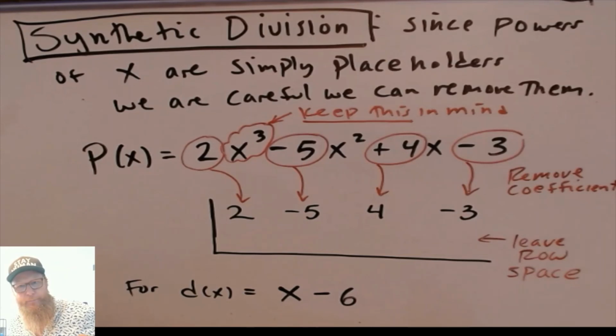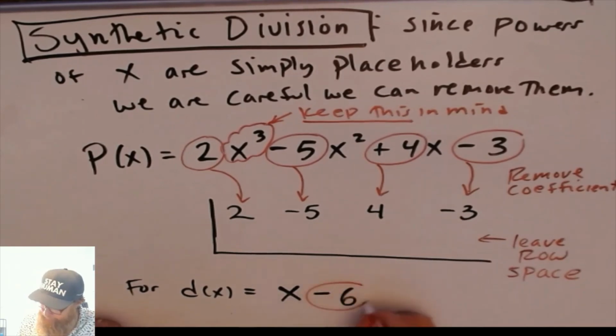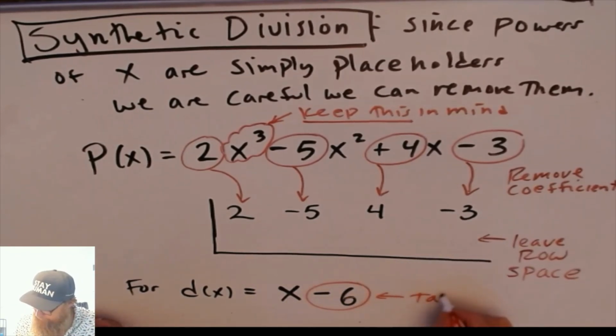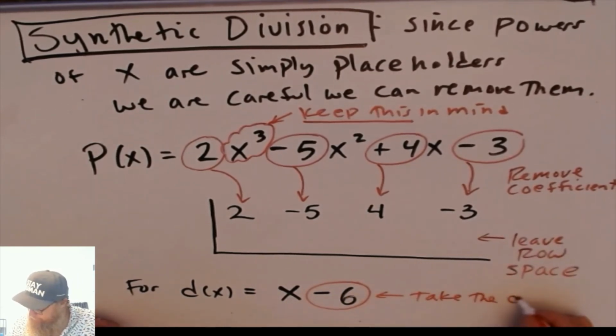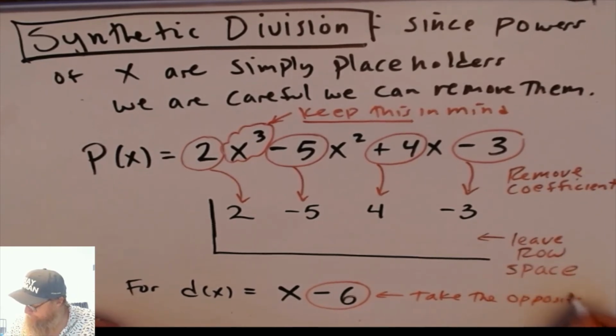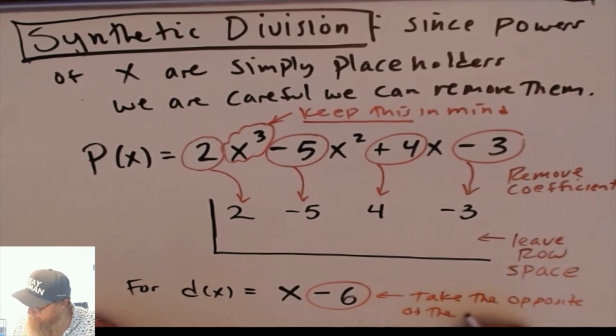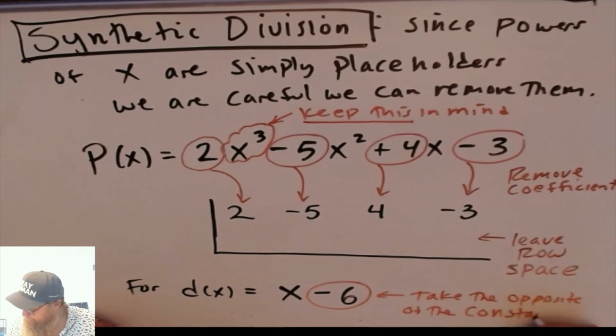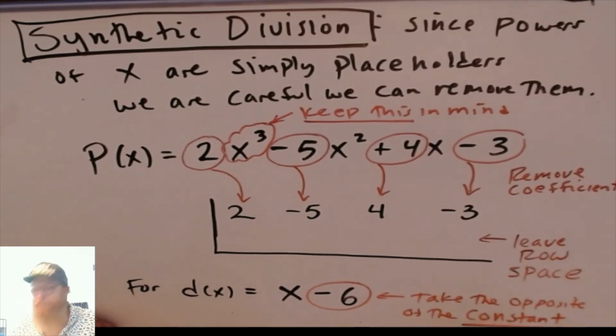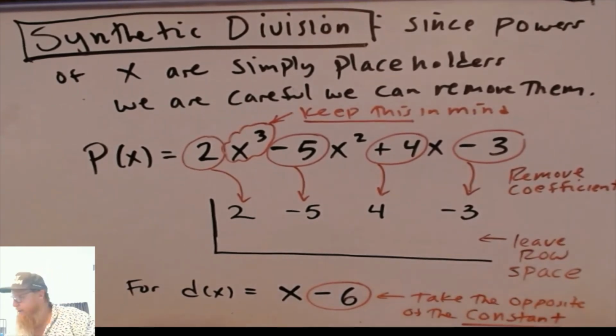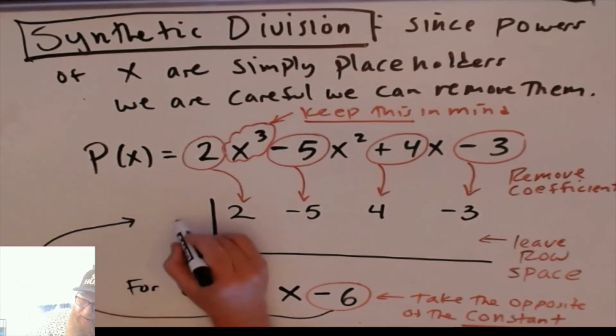Right. We take the opposite of the constant term. So that becomes your new divisor, and you put it right out here.